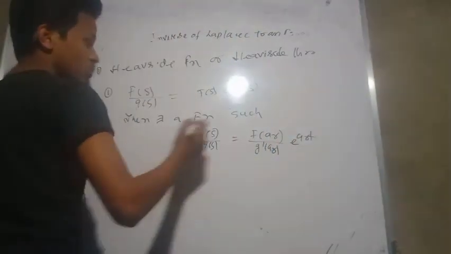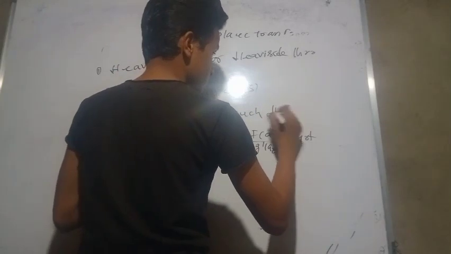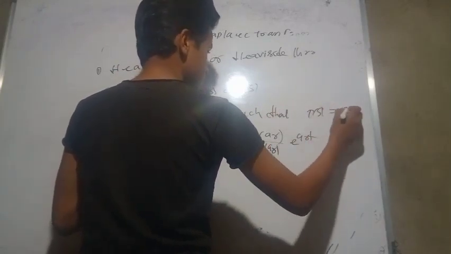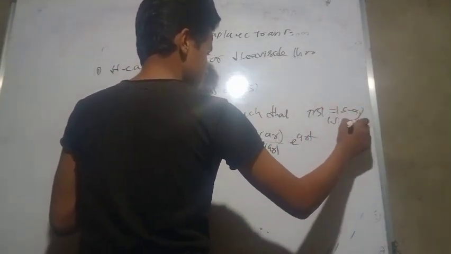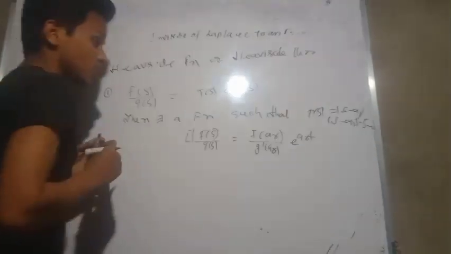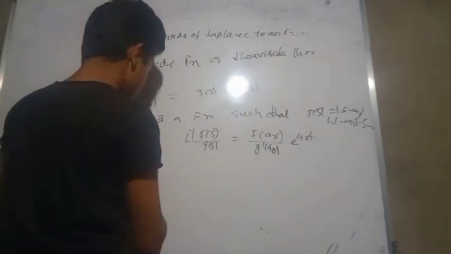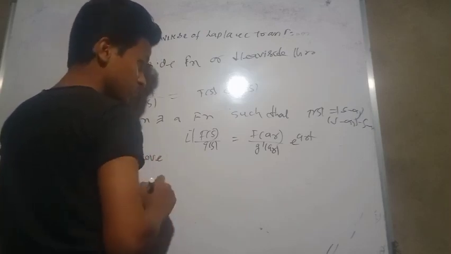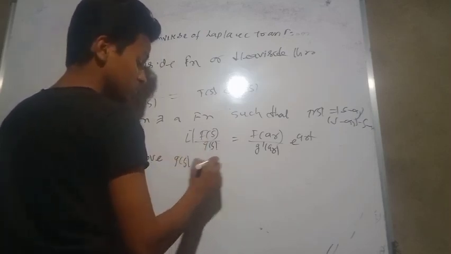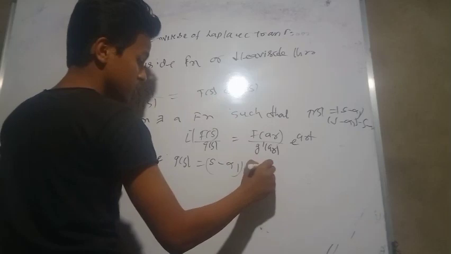Obviously, G(s) can be factorized as (s − α1)(s − α2) ... (s − αr). Let's prove our result, where G(s) equals (s − α1)(s − α2) ... (s − αr).